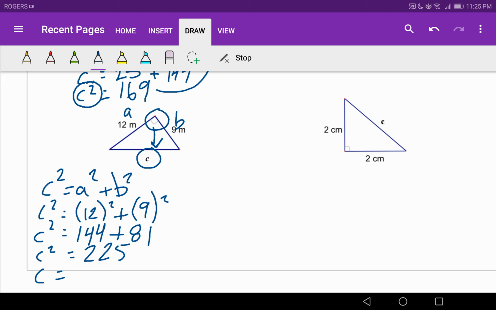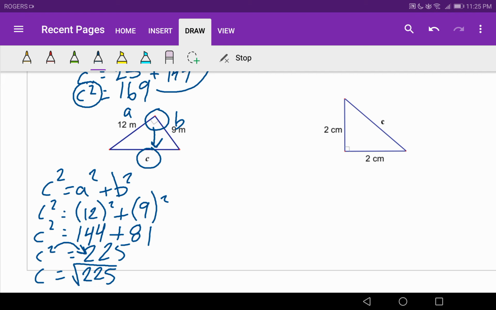And I'll show my step here, of course. I'm now bringing the squared over to the other side of my equal sign. So I need to do the opposite operation of squaring, and that is square root. They're all going to follow this pattern. You just have to remember that your last step is always to square root the number.